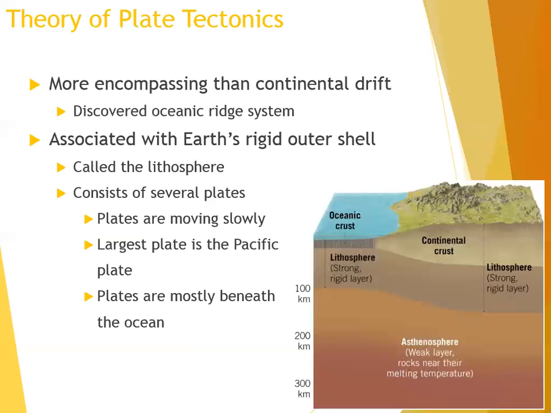Many of our plates are beneath the ocean, but some plates you may have heard of include the Caribbean, the Nazca, the Philippine, Arabian, Cocos, Scotia, and perhaps one you hear people in California yell at sometimes, the Juan de Fuca. Have you heard of that one? That's what causes a lot of our earthquake movements in California.